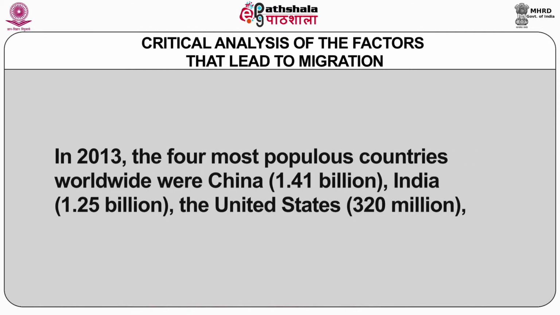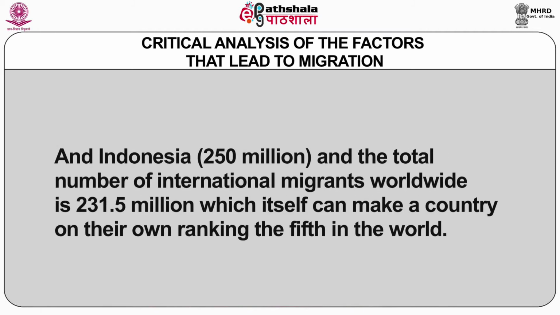In 2013, the four most populous countries worldwide were China with a population of 1.41 billion, India with 1.25 billion, the United States with 320 million, and Indonesia with 250 million.